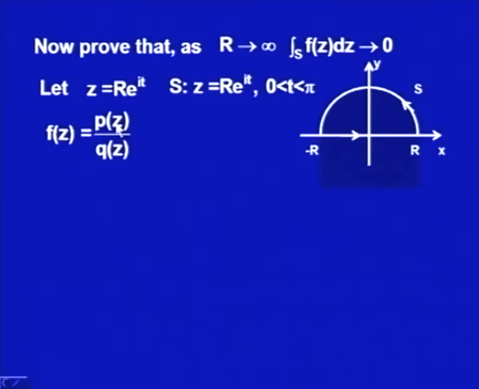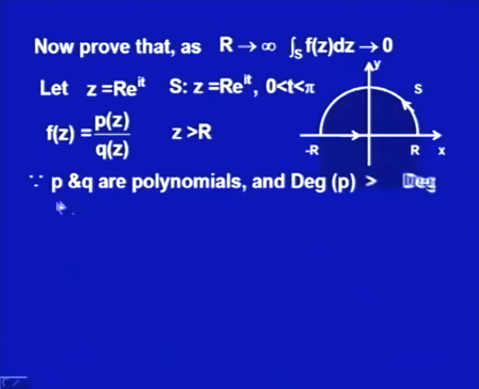We had assumed that P and Q are both polynomials, and the degree of Q is at least 2 higher than the degree of P.